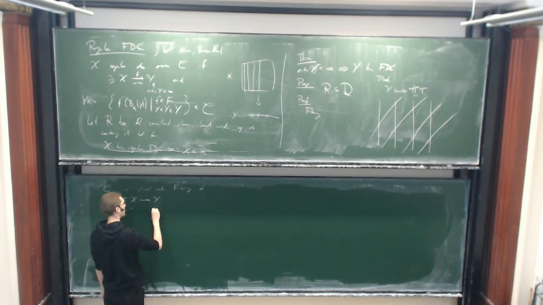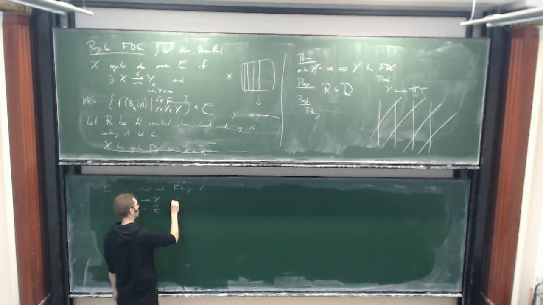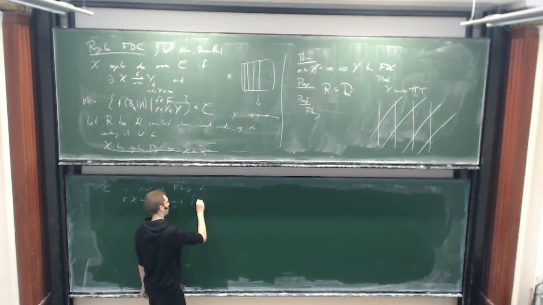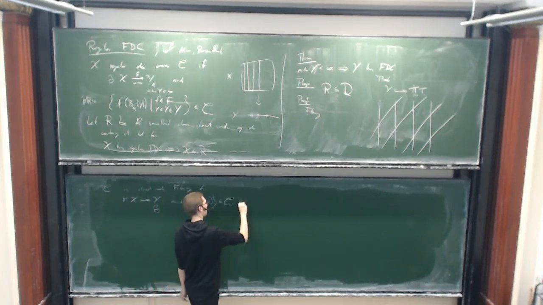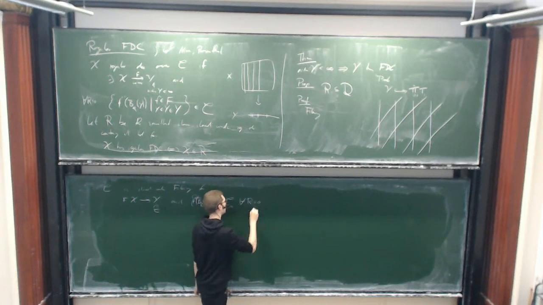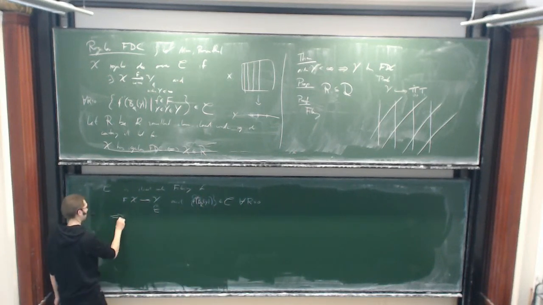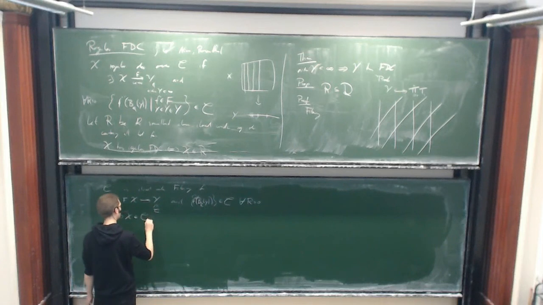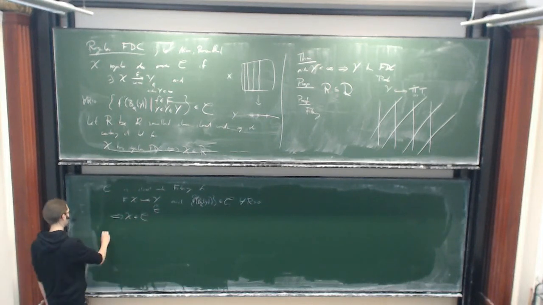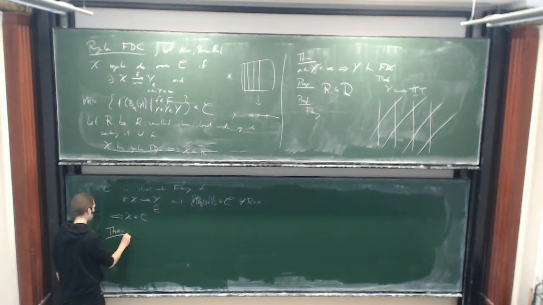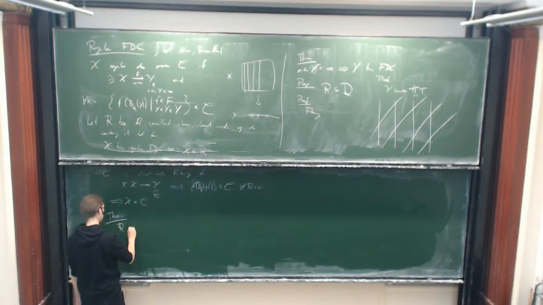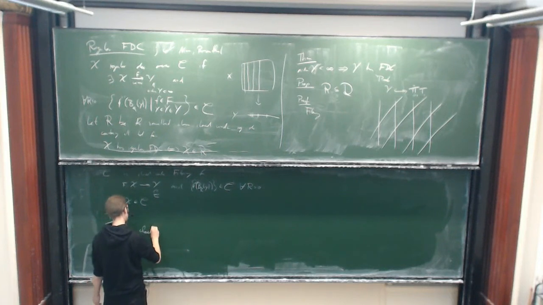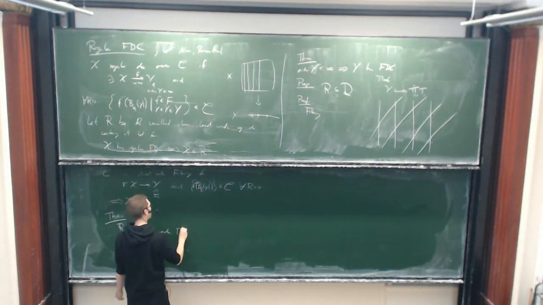We have some coarse map, Y is in C, and this family of the pre-image of all the R balls is in C for all R, implies X is in C. And so the first theorem we proved is R is closed under fibering.